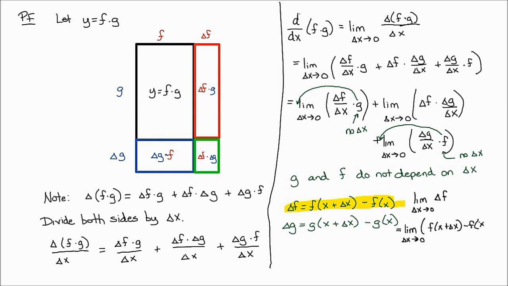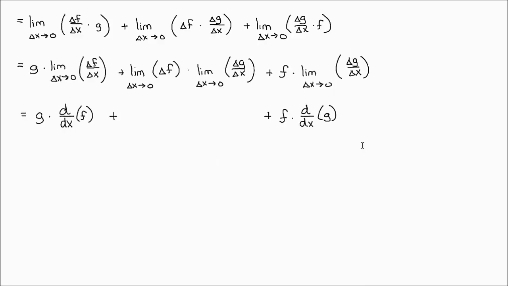Well, if delta x is approaching 0, that's going to be f of x minus f of x, which will equal 0. What does that mean in our proof? It means that this business in the center is going to approach 0 times, and then again, this is just the derivative with respect to x of g.